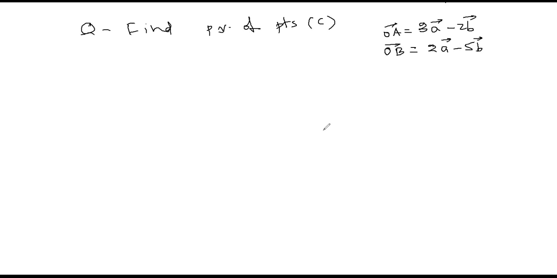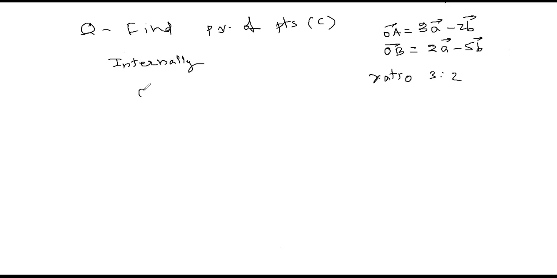Okay, these are the values of position vectors, and dividing in the ratio, in the question it is given the ratio is 3 is to 2. So obviously it is asked both internally and externally. So we have understood the question, so we will do internally first. In internal division we have the formula.